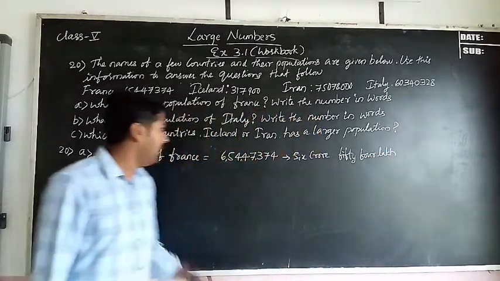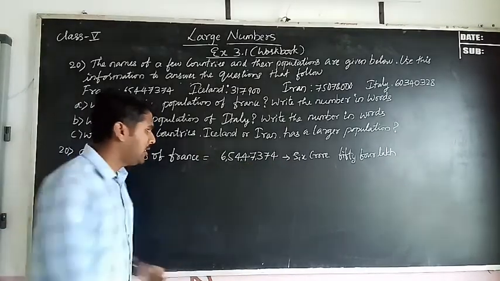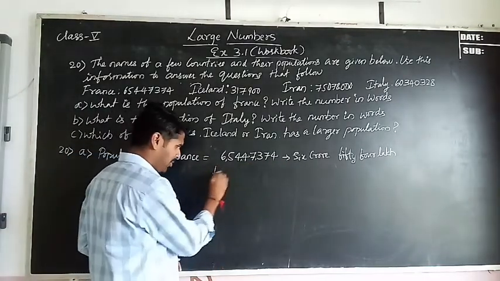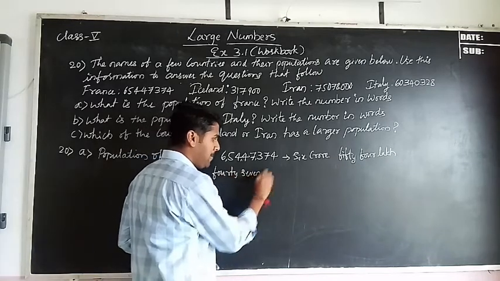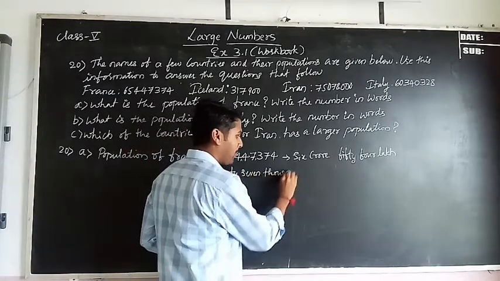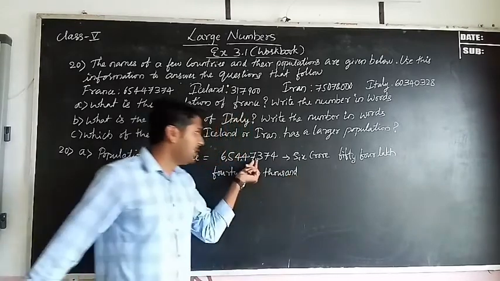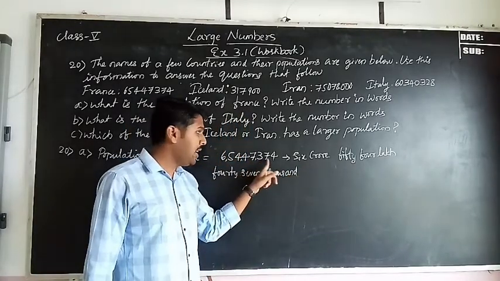Next 47,000 and the remaining number is 374.